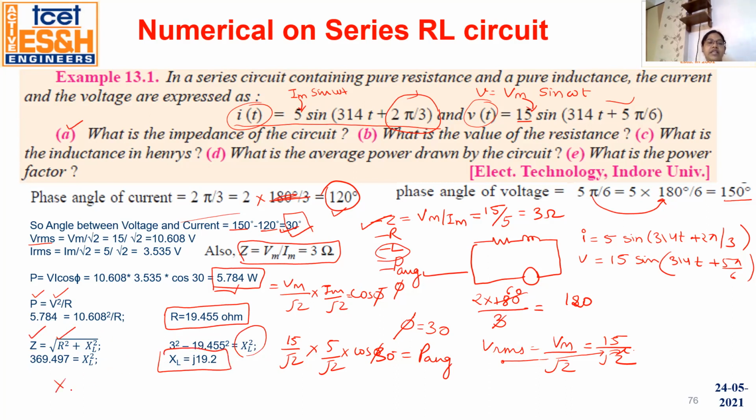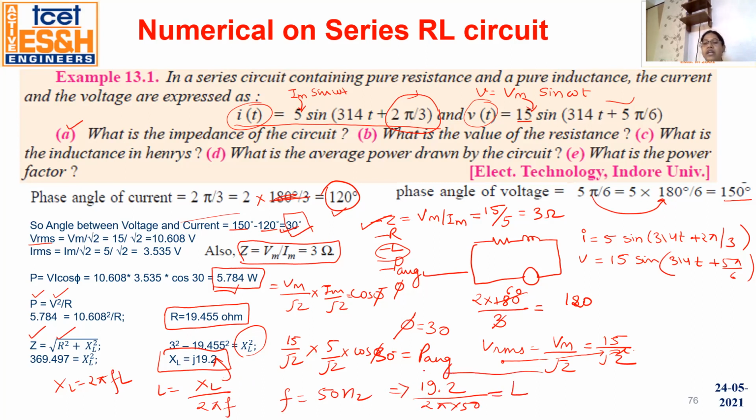Now XL is nothing but 2 pi FL. So from here you can calculate L as XL divided by 2 pi F. F is 50 Hertz and XL is 19.2. So 19.2 divided by 2 pi multiplied by 50 is the value of inductance. So this is the numerical.